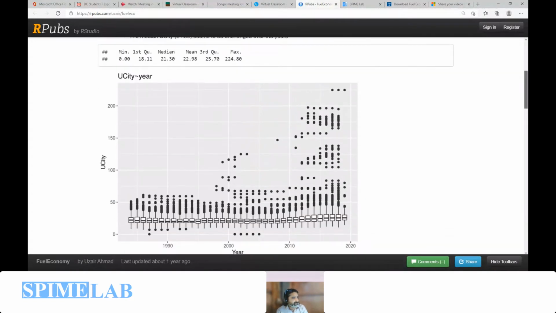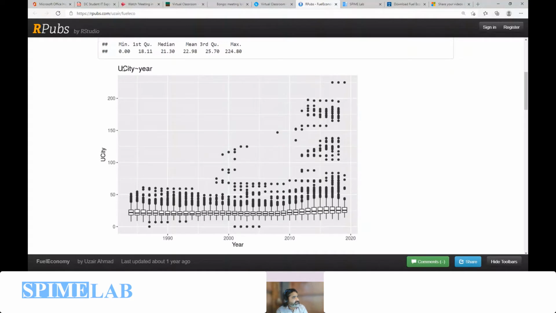The behavior of the dependent variable in this case is the UCity variable. UCity represents the miles per gallon, or how much gas a car consumes to travel n number of miles. UCity in this plot is represented using these small boxes.